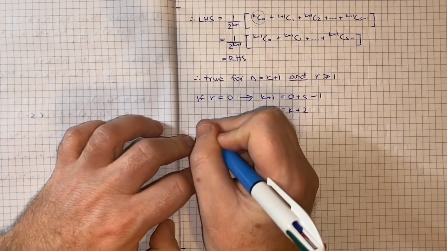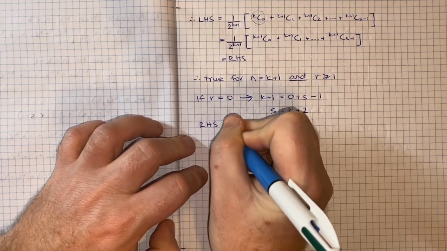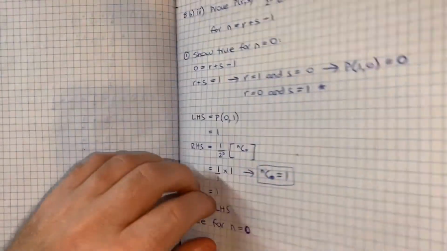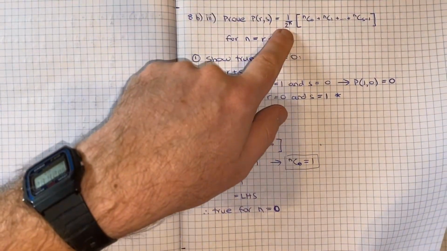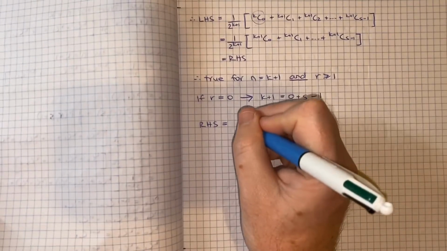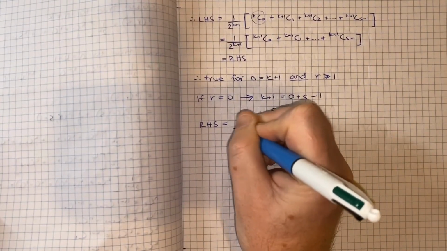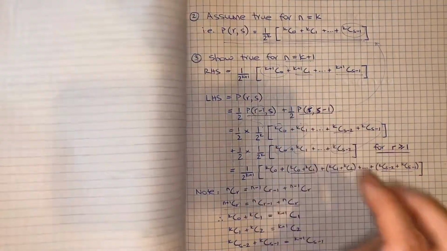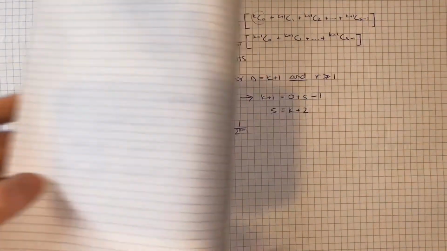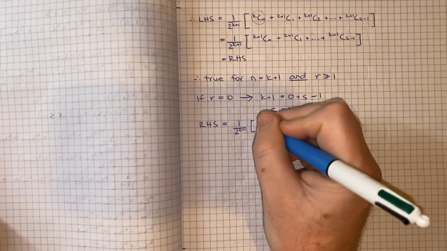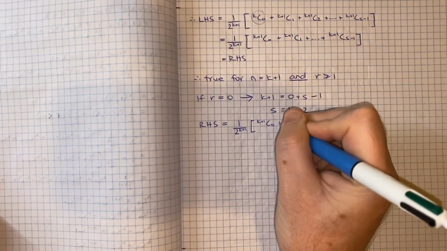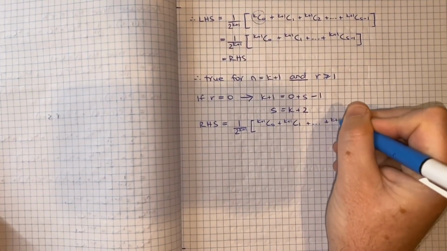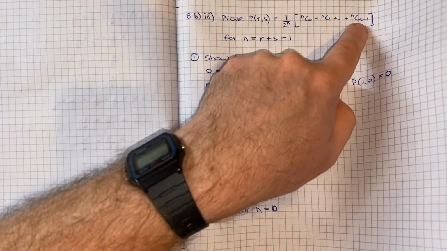Okay, well, what is the right-hand side? I think it makes sense to start with the right-hand side again. So the right-hand side would become 1 on 2 to the k plus 1, because we're still in the territory where n is k plus 1, times k plus 1 c0 plus k plus 1 c1 and so on, up to k plus 1 c, and here's where s becomes relevant.